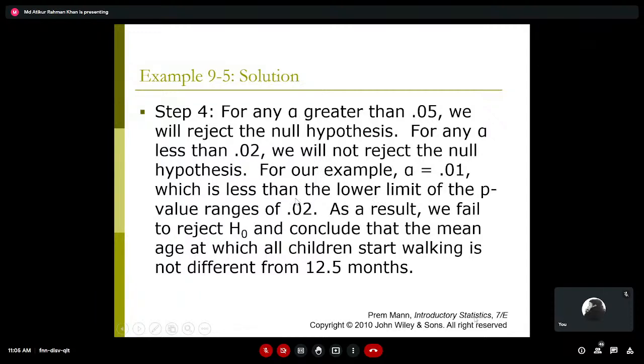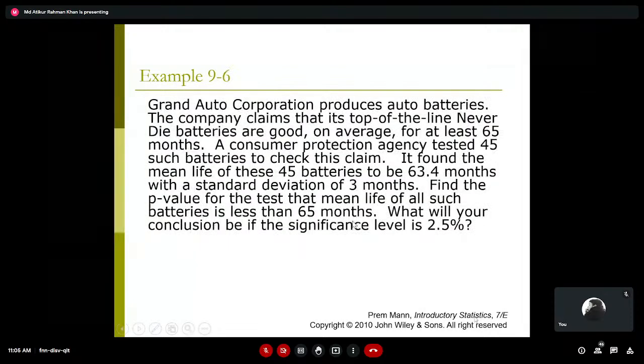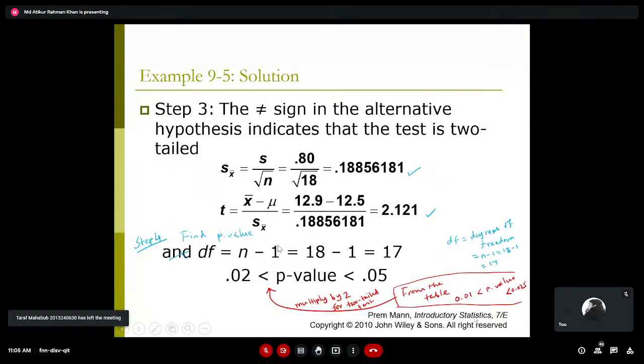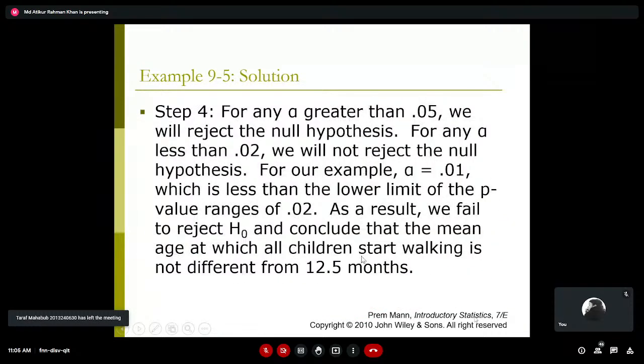For any alpha less than these, we will not reject the null hypothesis. Even if you consider any alpha less than 0.02, we will not reject the null hypothesis, because our alpha is below even the lowest range.